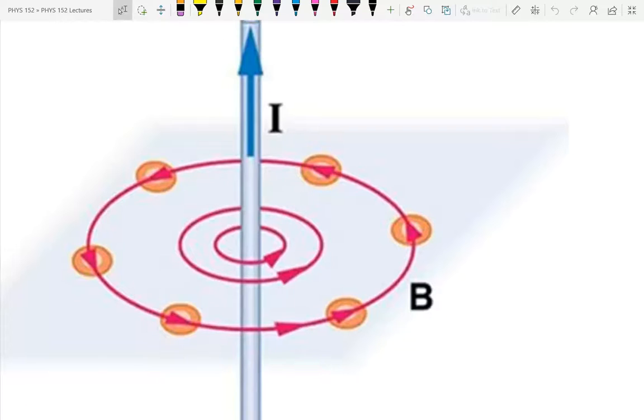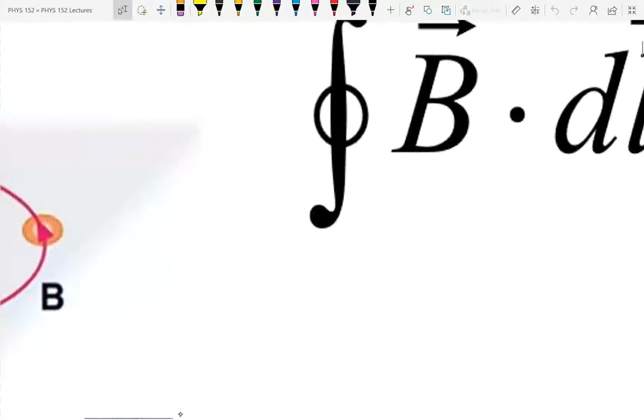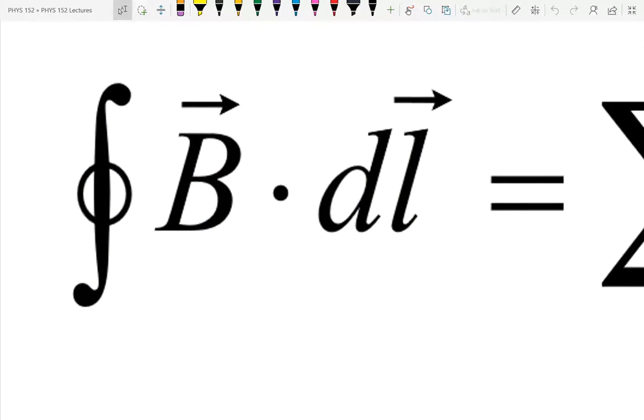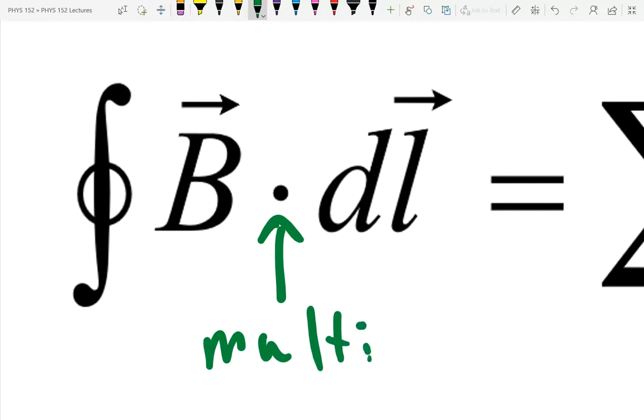If I'm going to use Ampere's law, I choose a loop of my own design. It doesn't have to be a circular loop. It can be any shape of loop, but I want that loop to be one where I can calculate the circulation. That's the calculus form: the integral of B dot dl. What does a dot product mean? Multiply parallel parts.